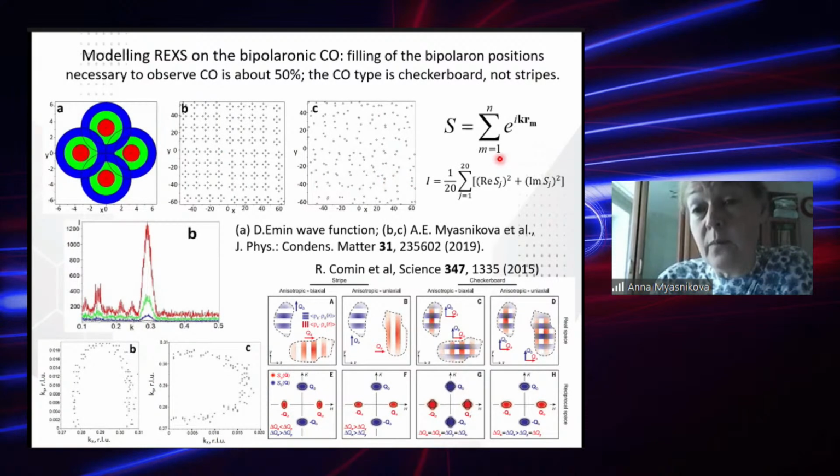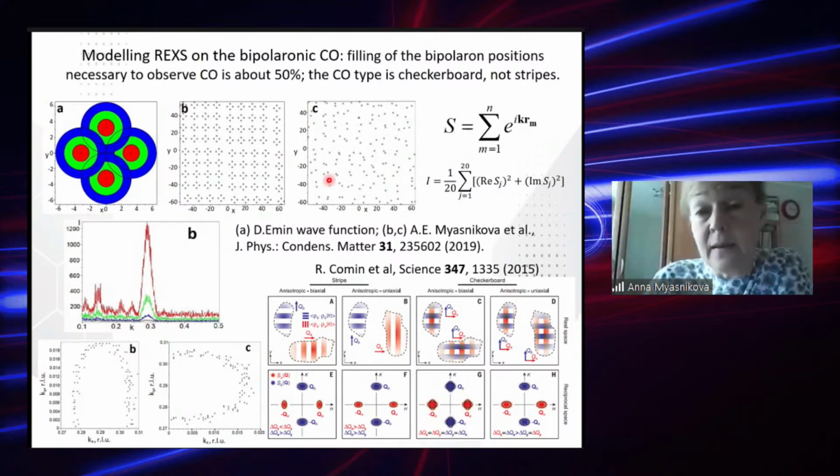We average our results over 20 instantaneous snapshots in each calculation, and we obtain that the bipolaron charge ordering will be observable in the RIXS spectrum only if more than 50% of positions are filled with bipolarons.